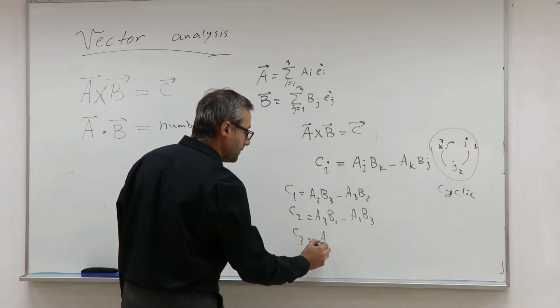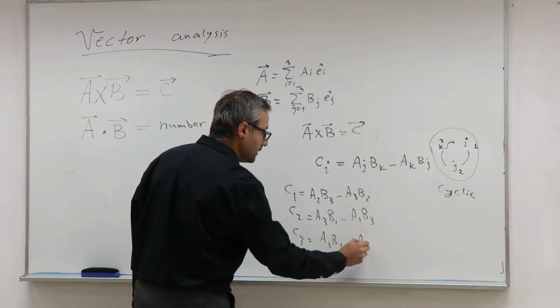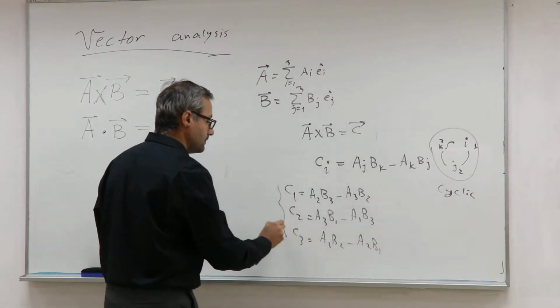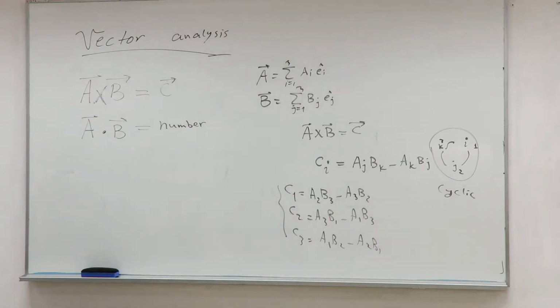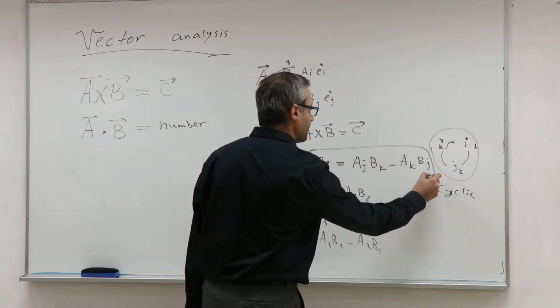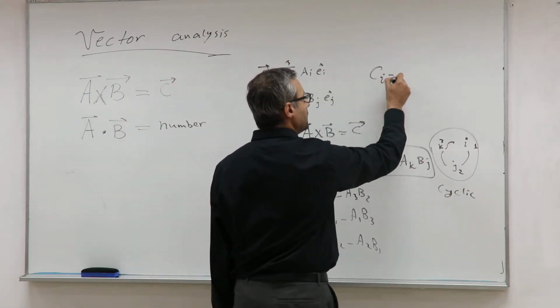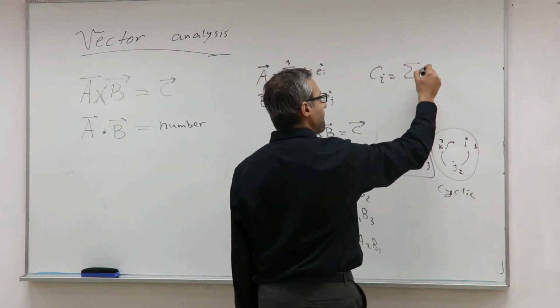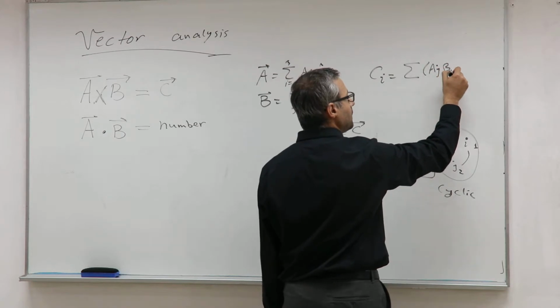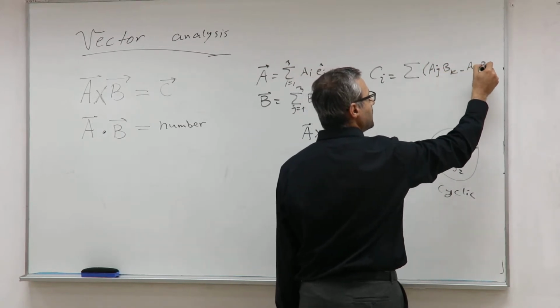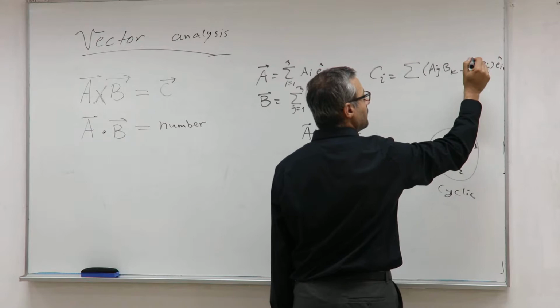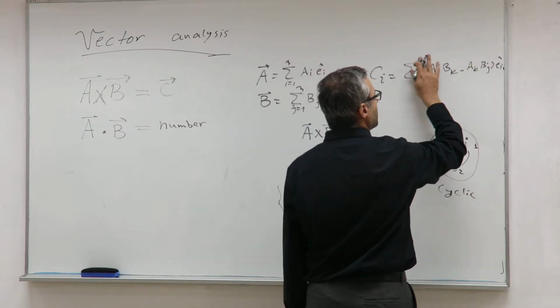C3 will be A1 B2 minus A2 B1. So this is called cross product. So C_i is sigma A_j B_k minus A_k B_j e_i. That's it.